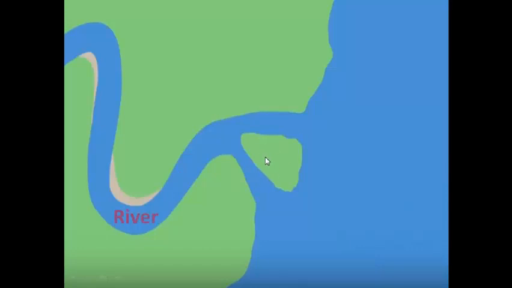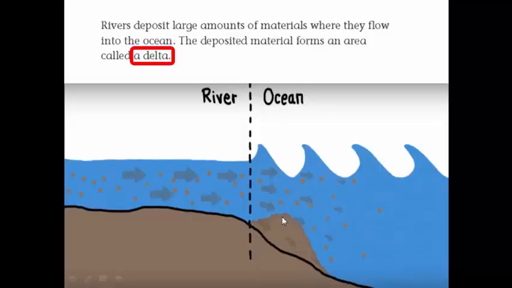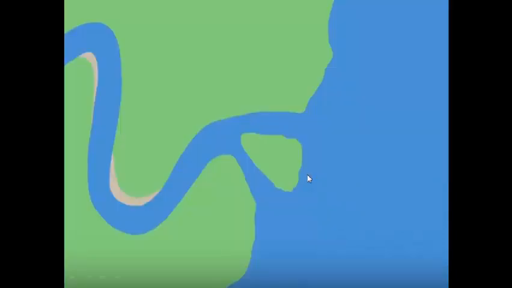I have here river and I have here ocean. Here is the place where the end of the river meets the start of the ocean. Here I have this land. It comes from the accumulation like this. This accumulation increases, and this deposition increases, and forms new land called delta.